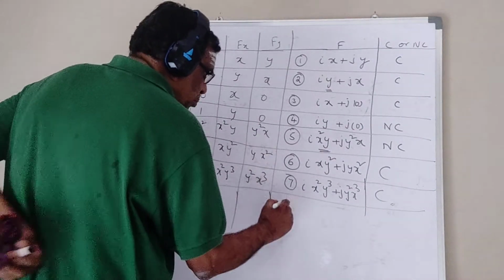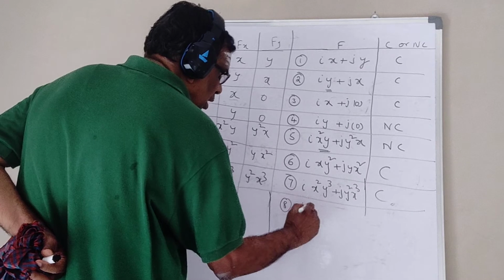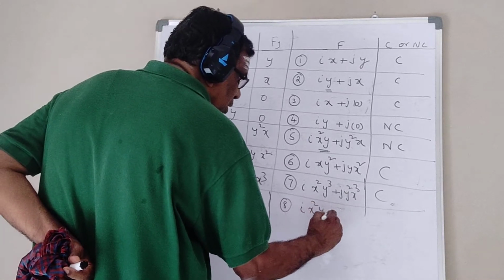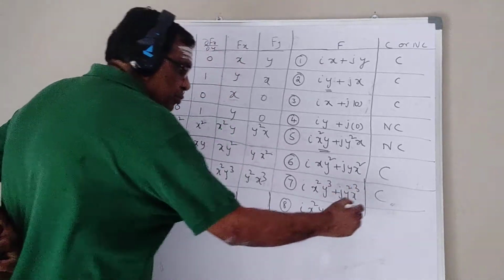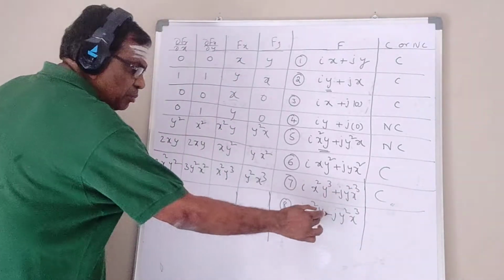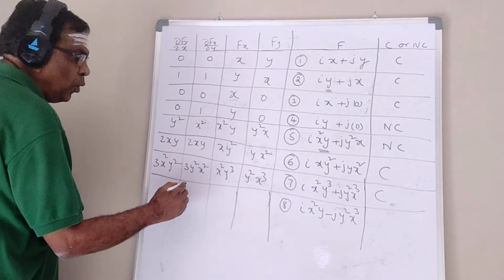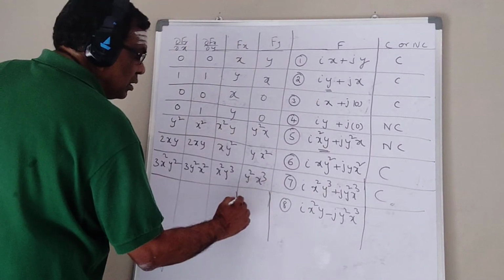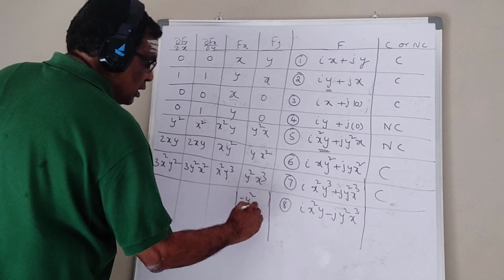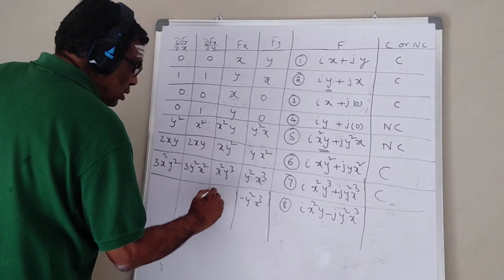Now, suppose I give i x square y cube minus j y square x cube, same as this but with a negative sign. So what do I get here? This is minus y square x cube.